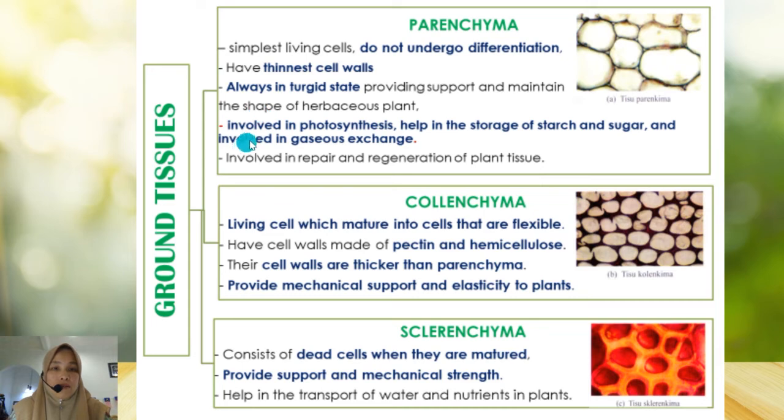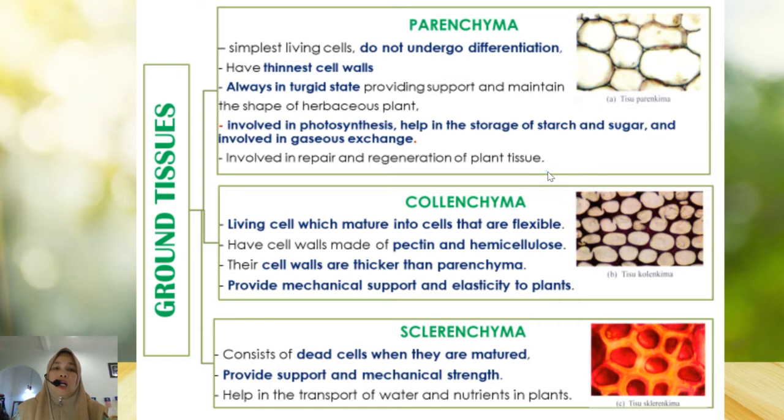Involved in photosynthesis, helps in the storage of starch and sugar. So inside the parenchyma tissue, a lot of starch and sugar are stored. And involved in gas exchange. They are also involved in repair and regeneration of plant tissues.